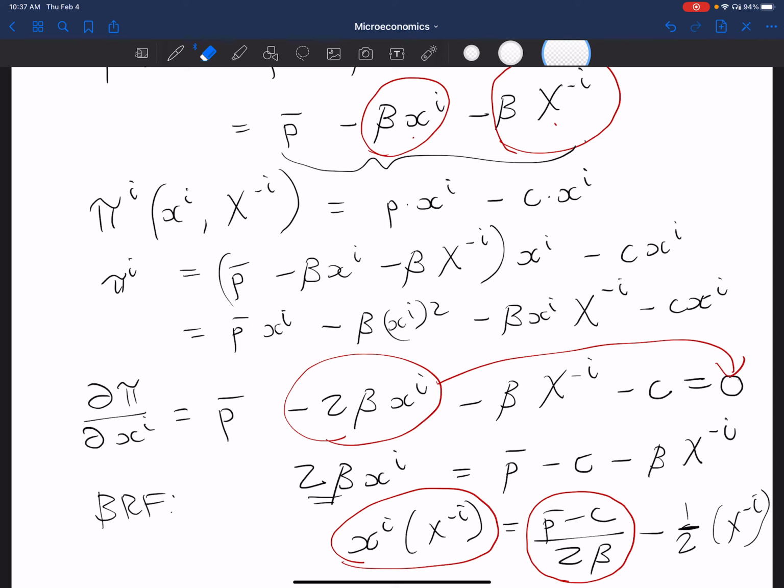The basic intuition is that as the output of all other firms increases, the best response for firm I is going to be lower. So as capital X minus I goes up, little xi, its response to the output of all other firms, goes down. And that is firm I's best response function.